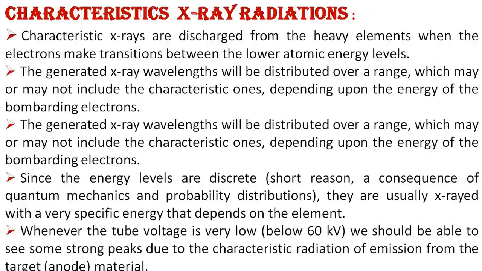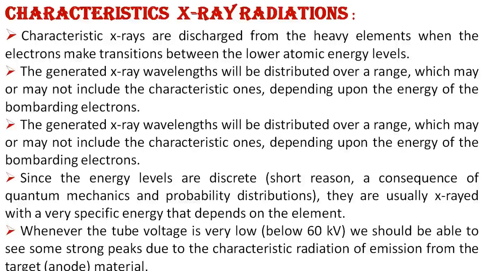Characteristic X-rays are discharged from the heavy elements when the electrons make transitions between the lower atomic energy levels. The generated X-ray wavelengths will be distributed over a range which may or may not include the characteristic ones, depending upon the energy of the bombarding electrons.